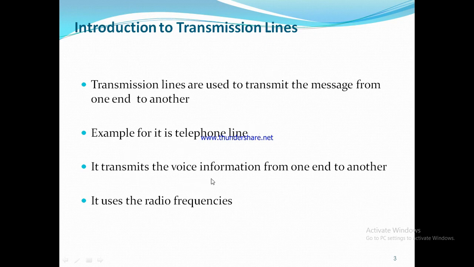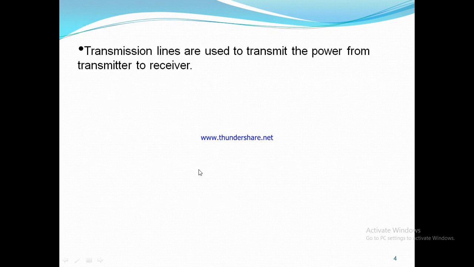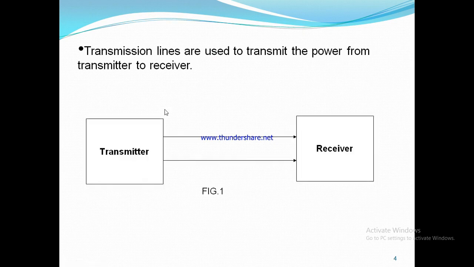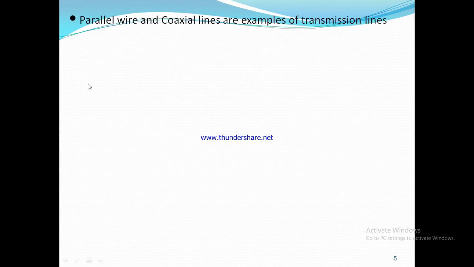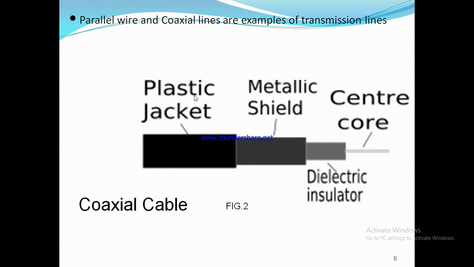So the examples for these transmission lines are telephone lines. This is used to transmit the voice information from one end to another end, and it uses the radio frequencies also. These are used to transmit the power from transmitter to receiver. So we have different types of transmission lines.